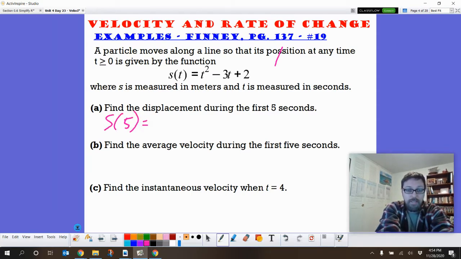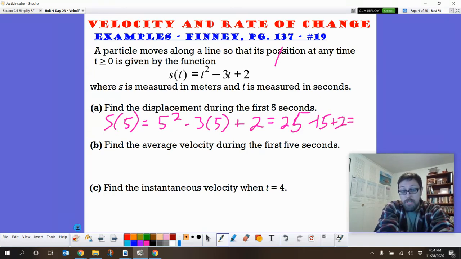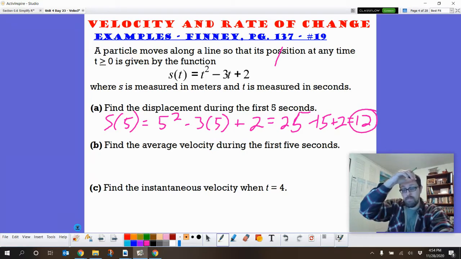No derivative, no calculus, just good old algebra. Plug it in: 25 minus 15 plus 2, which is 10 plus 2, which is 12.